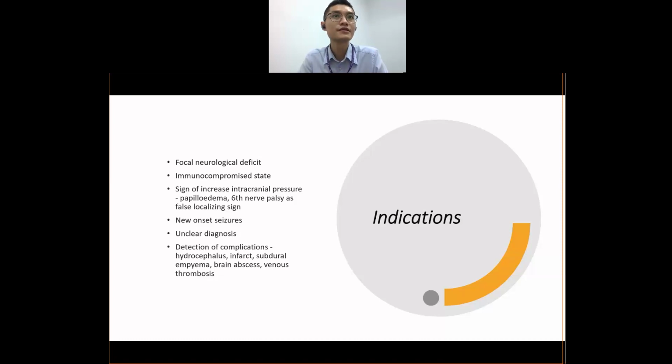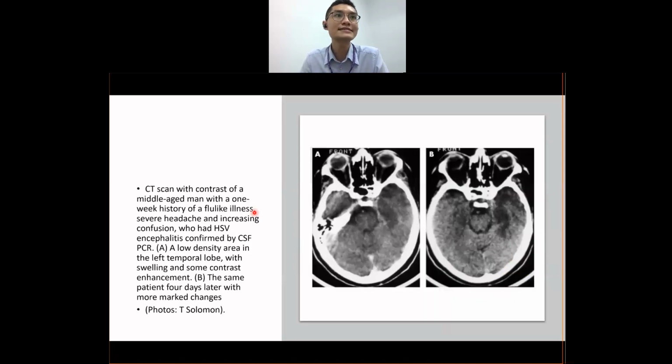All right. So this is a CT scan of a man with HSV encephalitis. HSV means herpes simplex virus. You can see that this is the CT scan of the brain, and over the left medial temporal lobe, for those of you who probably don't know, this is the temporal lobe. This is lateral. This is medial.